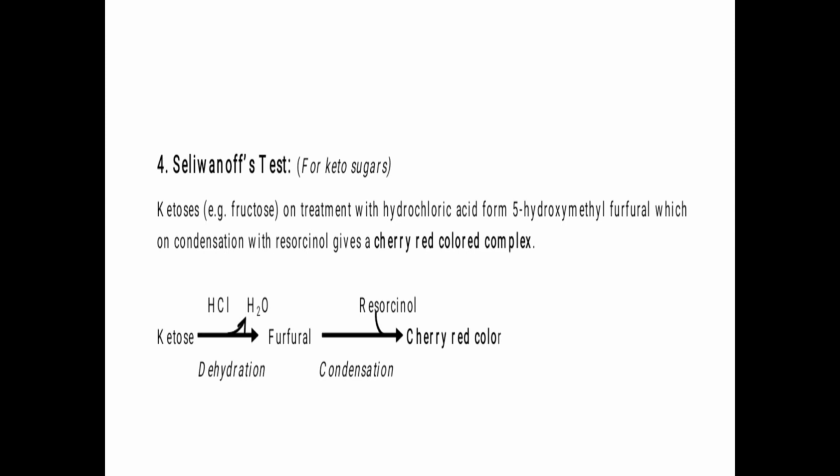Suppose a given solution is glucose or fructose, you imagine. Molisch you will get positive because it is a general test. Benedict's you should get positive for glucose and fructose because they are reducing sugars. Barfoed also, you are supposed to get opaque blue color because glucose or fructose is a monosaccharide.